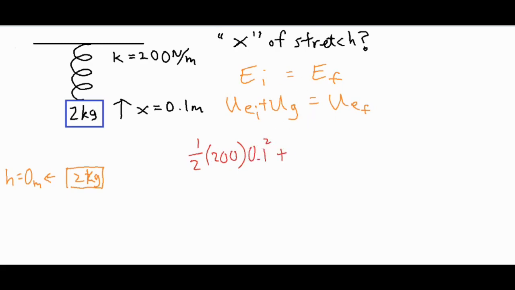And then we have our gravitational potential energy in the beginning. That one we can call mg, and we don't know the h value. So what we know is this: we know that it has an equilibrium position somewhere around here, and it's pushed 0.1 upwards from that position, and then it's going to drop down and it's going to stretch to its maximum value.